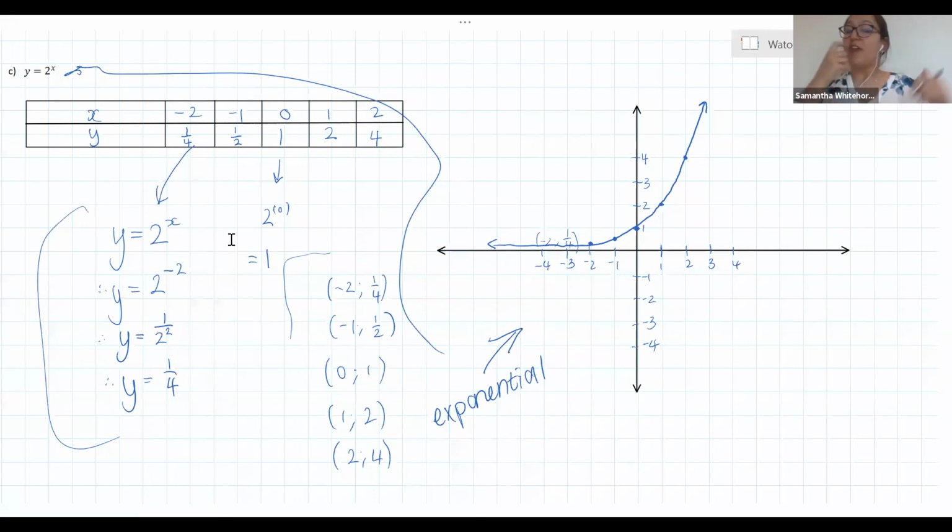These types of graphs actually have a lot of application in science, specifically life sciences and biology. So if you all do natural science, if you ever talk about bacterial growth or even population growth, often we talk about exponential growth. We talk about the human population growing at an exponential rate, or bacterial colonies growing at an exponential rate. This is what exponential growth looks like.